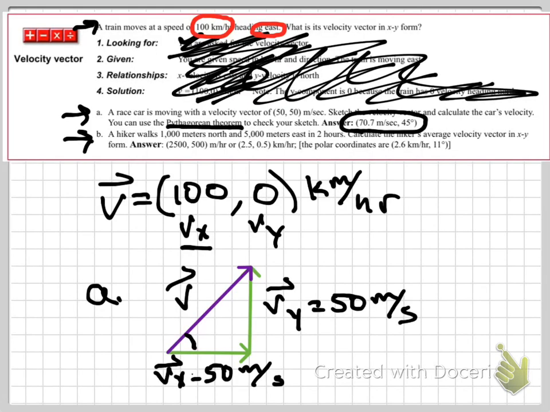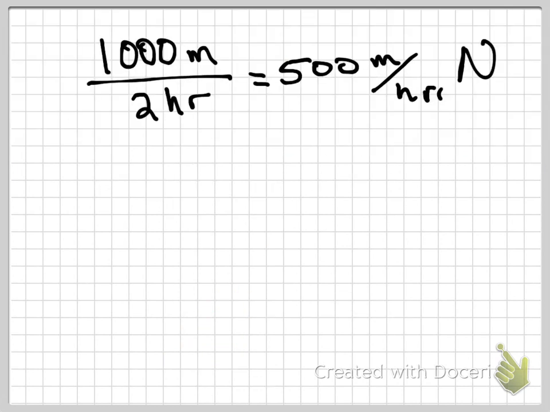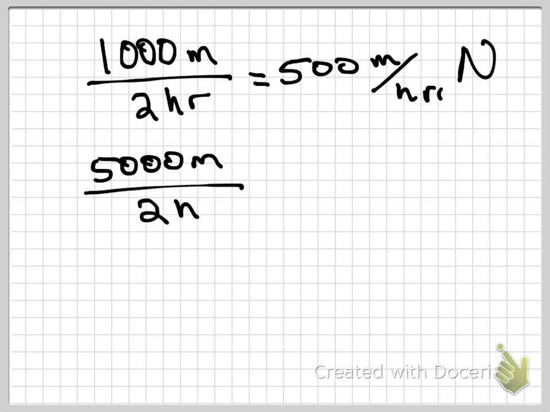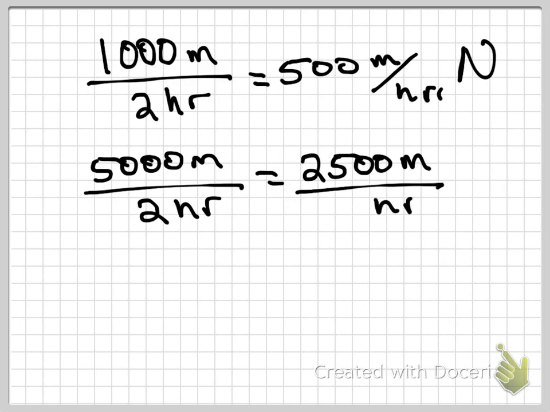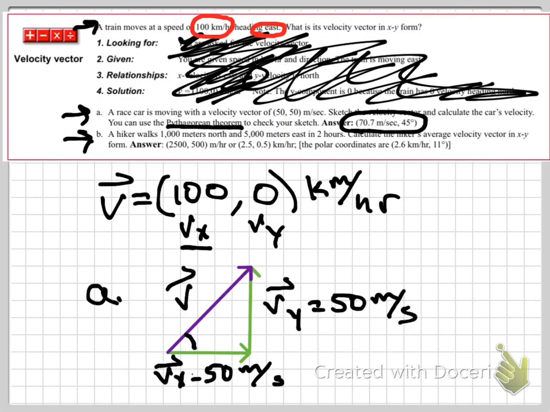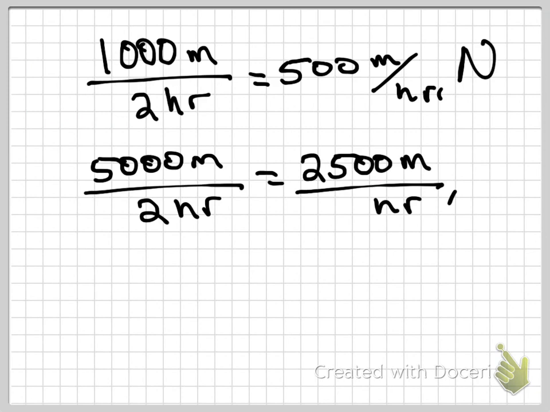Then the other distance was 5,000 meters in 2 hours, because he went both those directions in an accumulated 2 hours. So that's 2,500 meters per hour, and that was east.